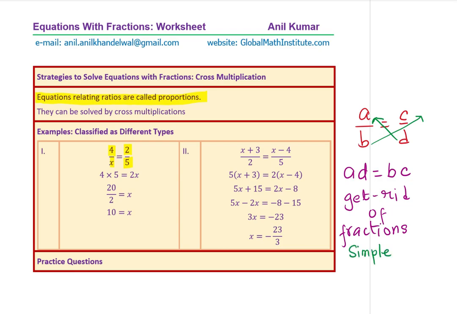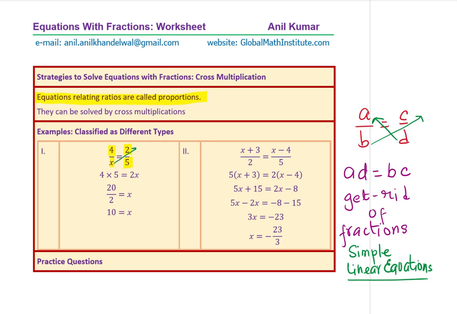Which you can solve. So I'm assuming that you know how to solve linear equations, correct? And then the difficulty of equations involving fractions will be addressed in this particular video. Right. So you understand, if I have 4 over x equals to 2 over 5, I could cross multiply.